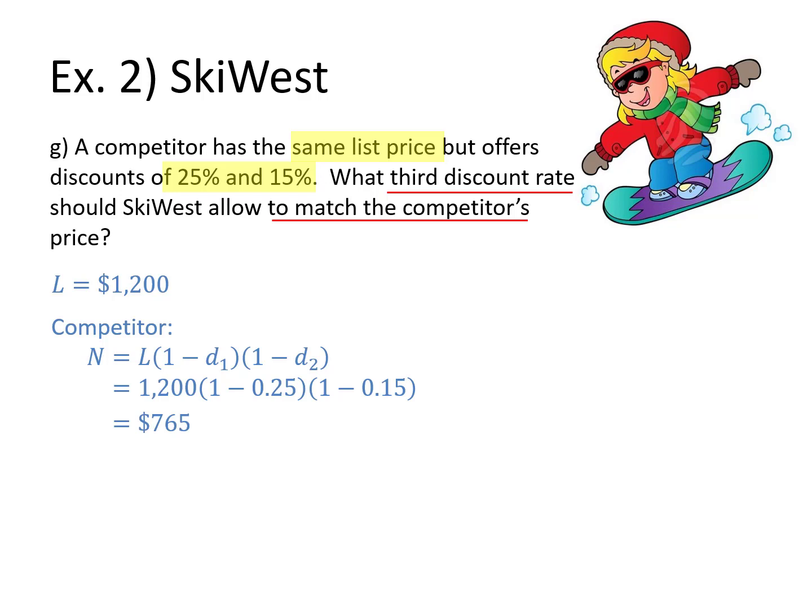Now, Ski West, meanwhile, had a net price of $816. We're wondering what third discount is going to be required for their net price to go from $816 down to $765, the competitor's net price.